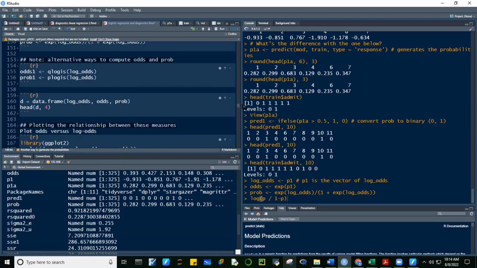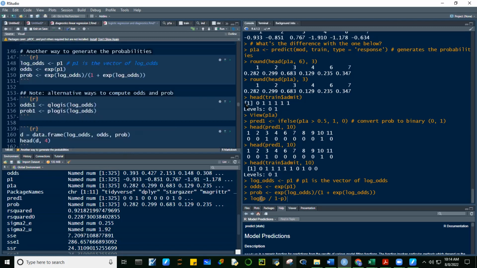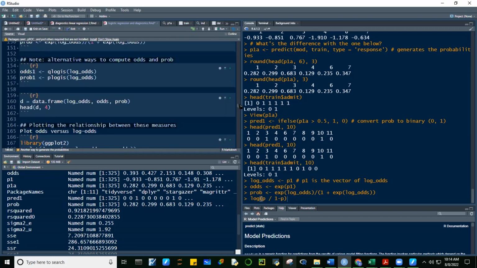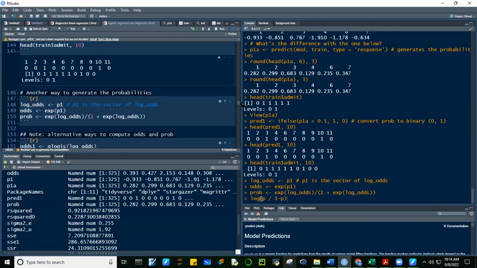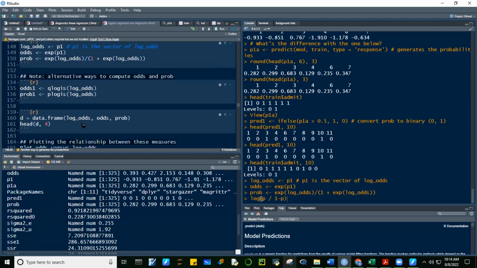Okay, kaso guys, dito nag-create tayo ng object. Sige, i-run na lang natin to kasi dito magpa-plot tayo ng odds versus log odds just to illustrate yung difference nila. Okay, so na-run na natin tong probabilities. Tapos dito sabi niya okay. All right.